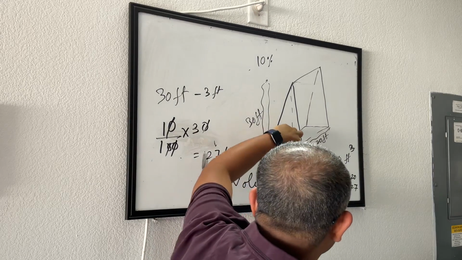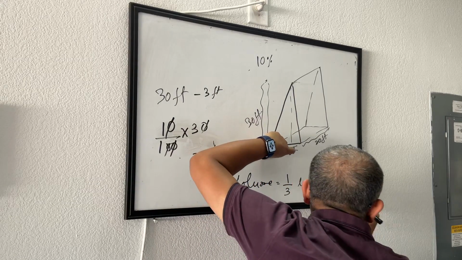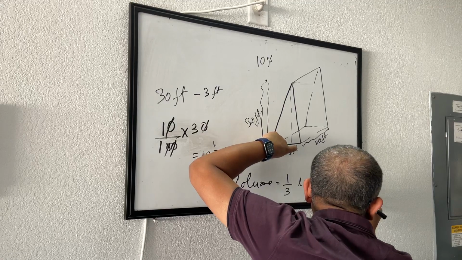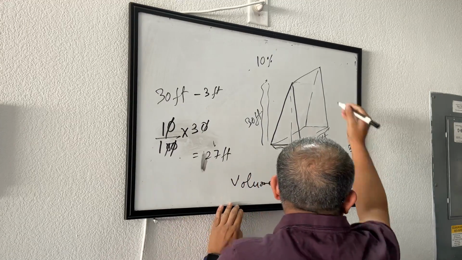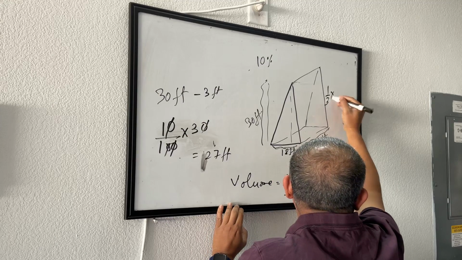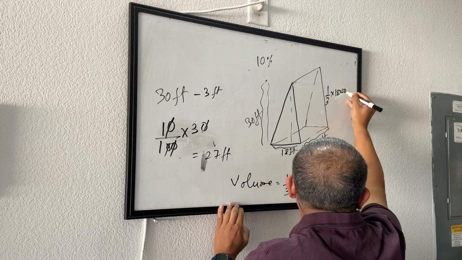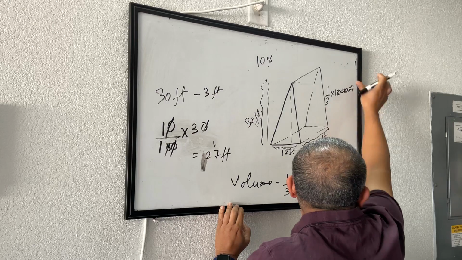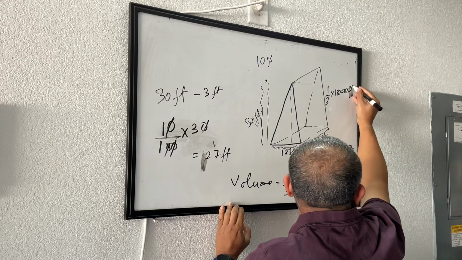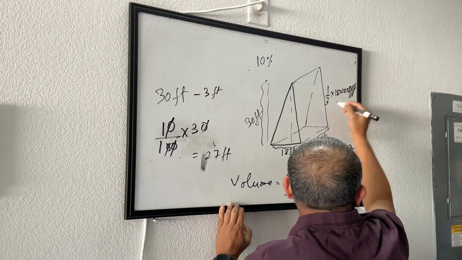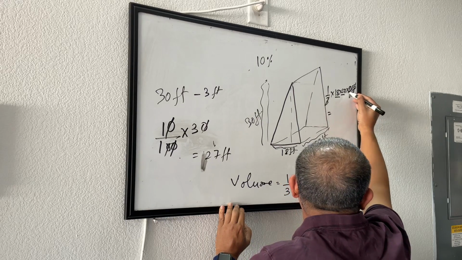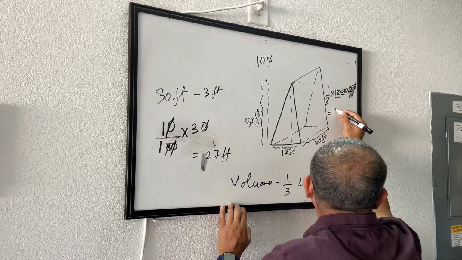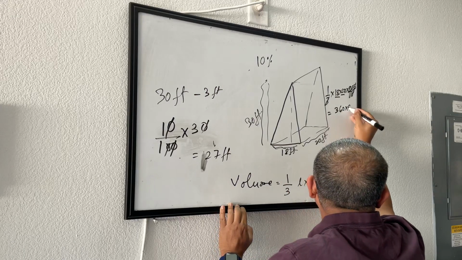And we have 18 feet, that is feet times feet times feet, that is cubic feet. Now you have 1/3 of 18 into 20 into 27. 27 I can write as 9 into 3, and this 3 and this 3 I can cancel. Then I'm left with 18 into 20 into 9. 18 into 20 is 360 into 9.